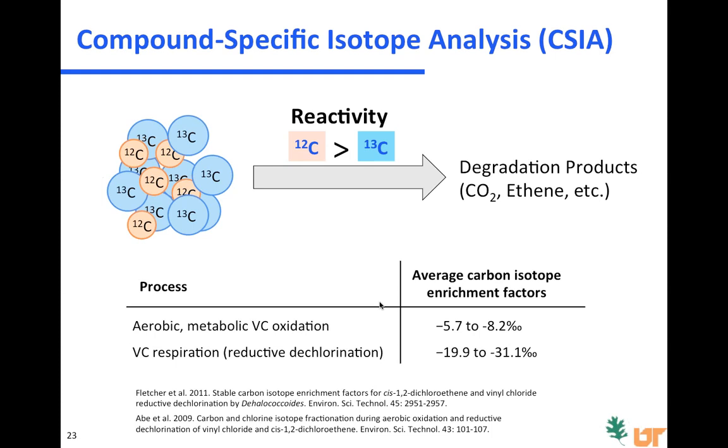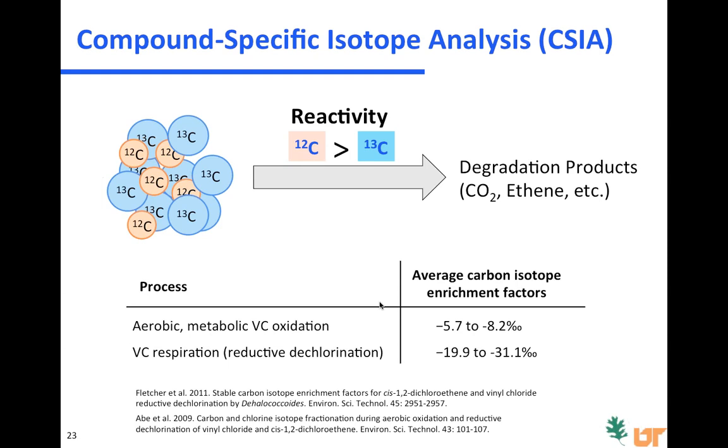And I'm not sure if it will be possible to tease apart if different processes contribute to the overall carbon enrichment factors. So this will be very challenging. So it's a great tool to demonstrate degradation. It may not be the best tool to demonstrate which process is contributing to the degradation.